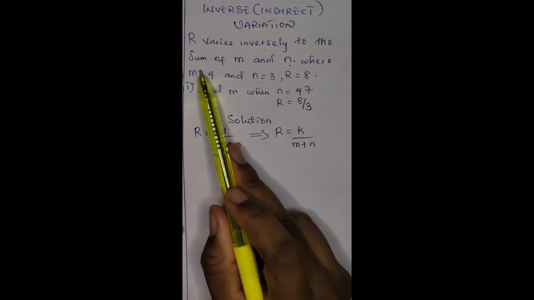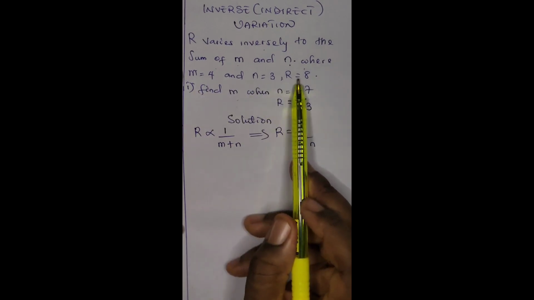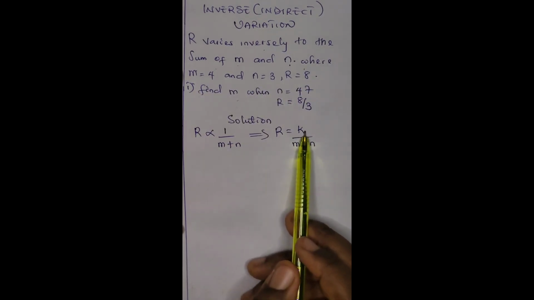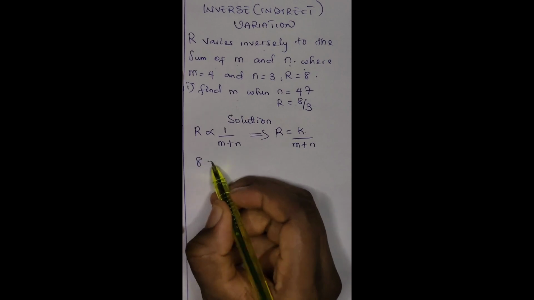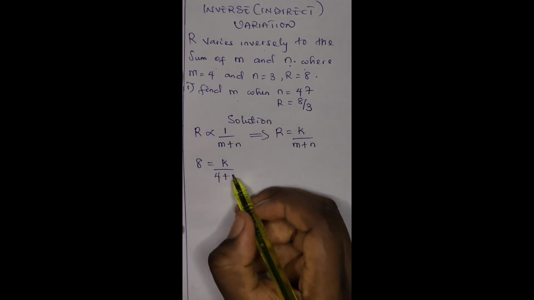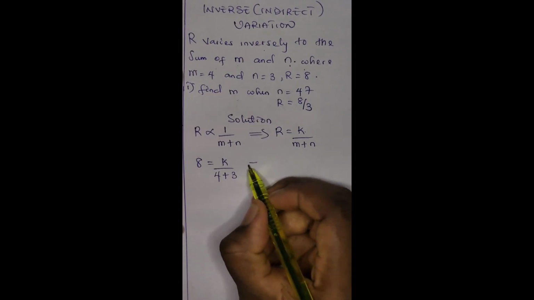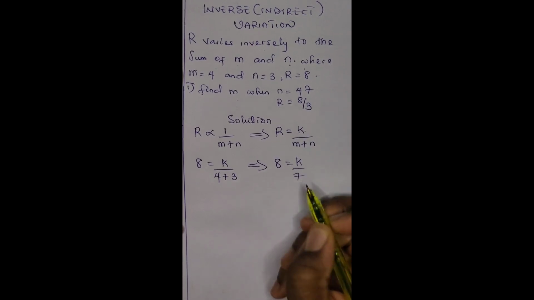So we are going to be using the first information given to us, m equal to 4, n equal to 3, and r equal to 8, to get the value of the constant k. So r is 8 equal to k over m is 4 and n is 3. This will give us 8 equal to k over 7.